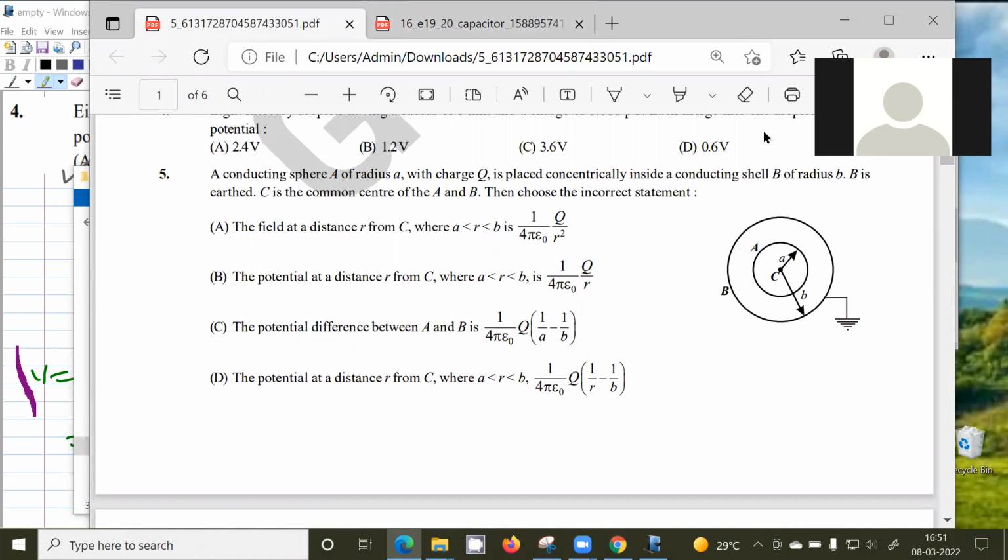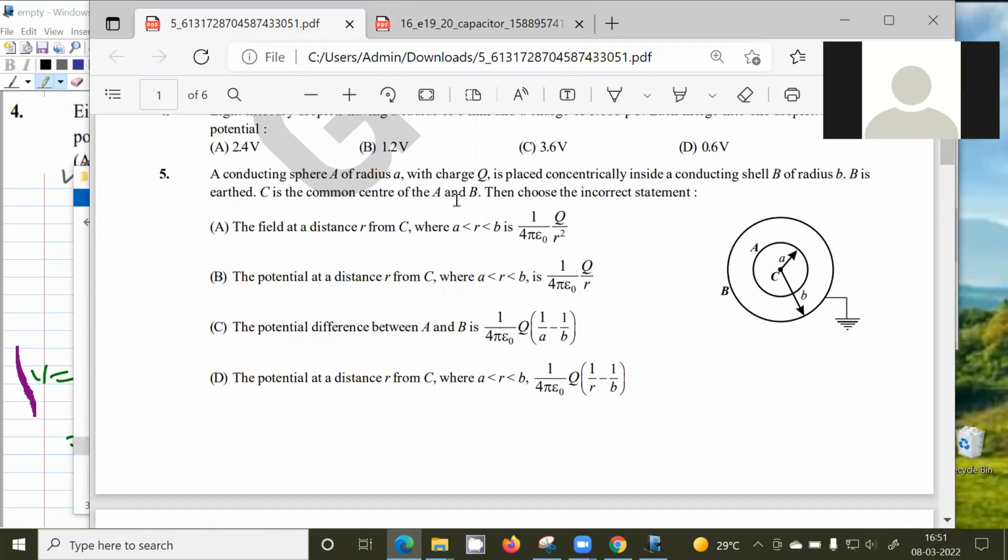This is a theoretical question. A conducting sphere of radius A with charge Q is placed concentrically inside a spherical shell of radius B. B is earthed. Choose the correct statements.